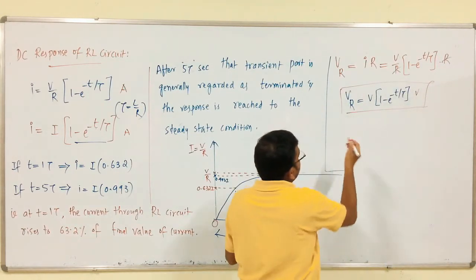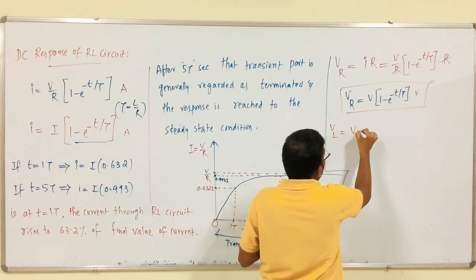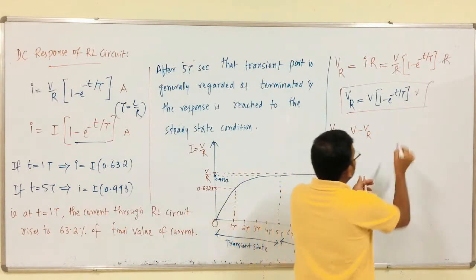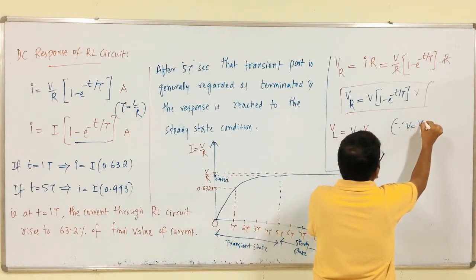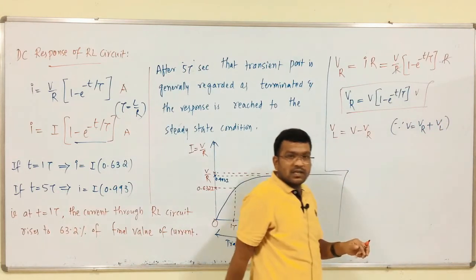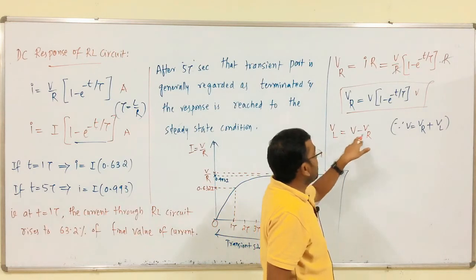Like this, the voltage across the inductor is the total voltage minus the voltage across the resistance. We all know that the total voltage in a series RL circuit is the voltage across the resistor plus the voltage across the inductor. So, from this equation, VL equals V minus VR.